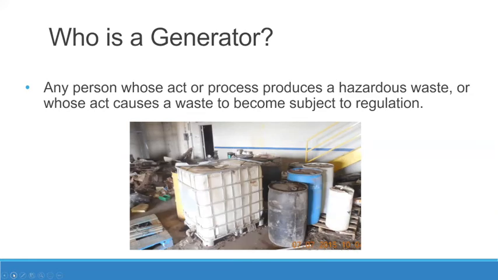Typically printing does generate hazardous waste because of the nature of the materials that we utilize. The most common waste we see, and we'll talk a little about this in the next session, are solvent wastes, and a lot of solvent wastes are considered hazardous. So generally, most printing operations are a generator. Next slide, please.